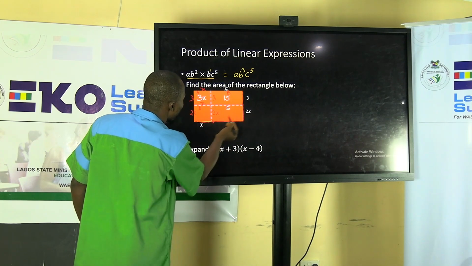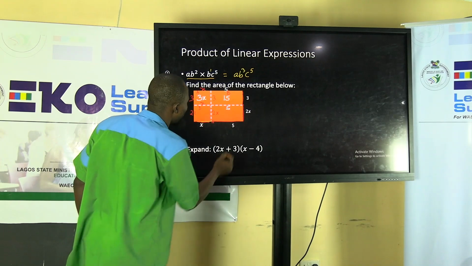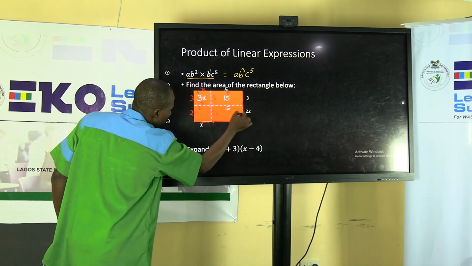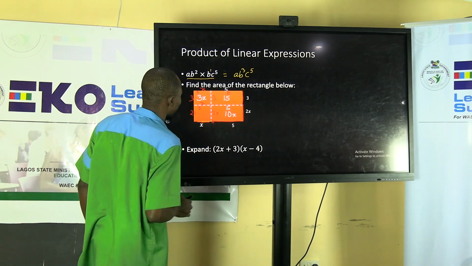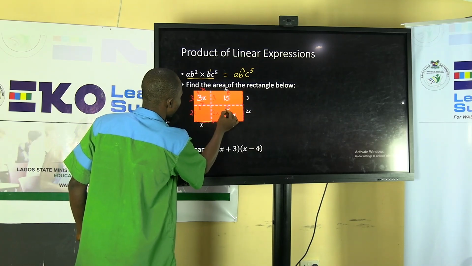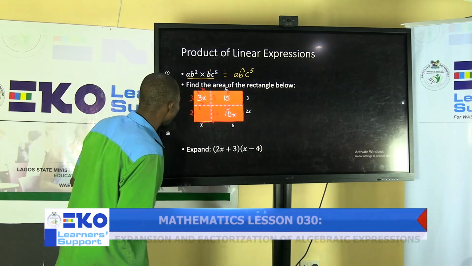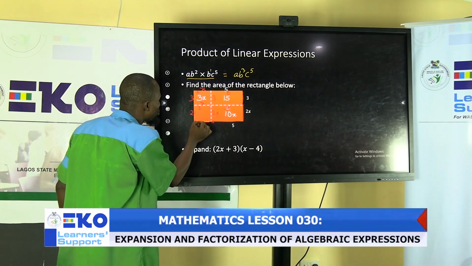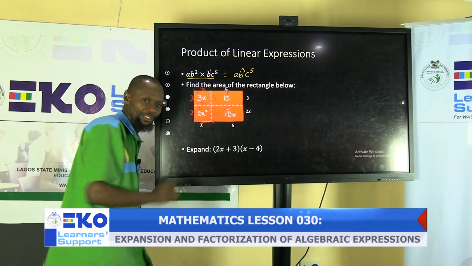The area for portion C is 2x times 5, that is 10x. And the area here is what? 2x times x, that is 2x squared.